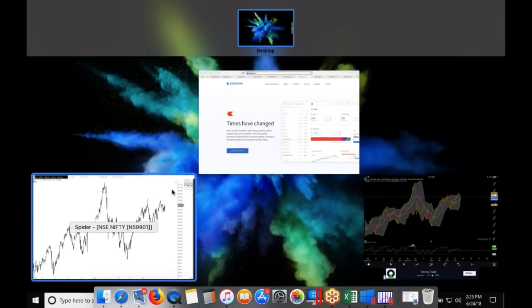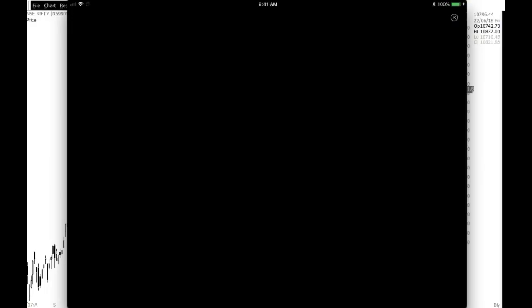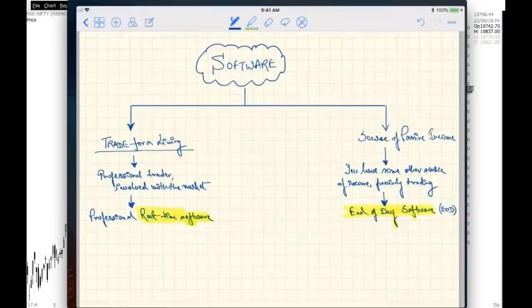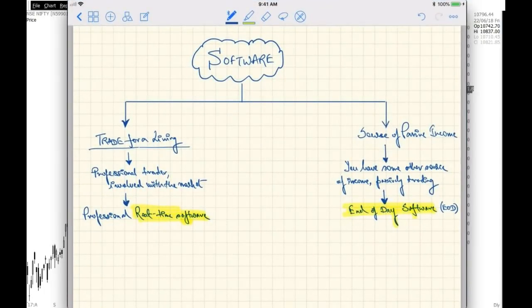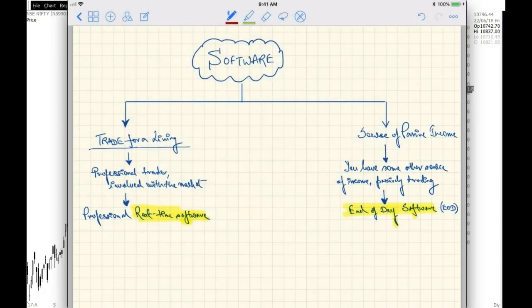So closing in on what we were discussing about the software: there are real-time softwares, there are end-of-day softwares, there are free softwares, there are paid softwares, and whatever little I know, you might get a software from zero, that is free, and it can go to around 2 to 3 lakhs a year.